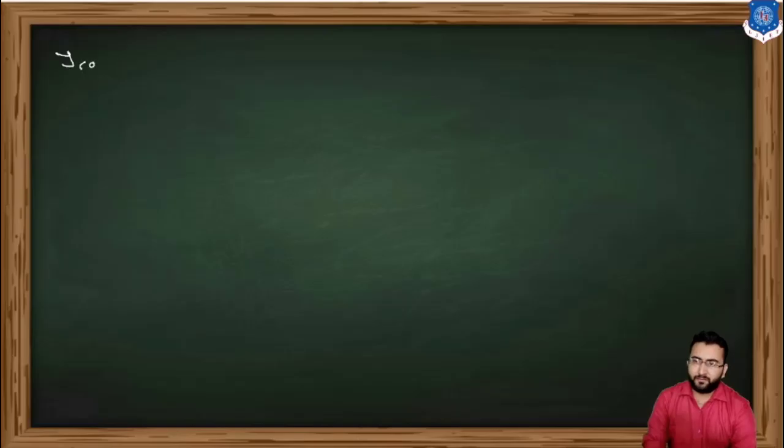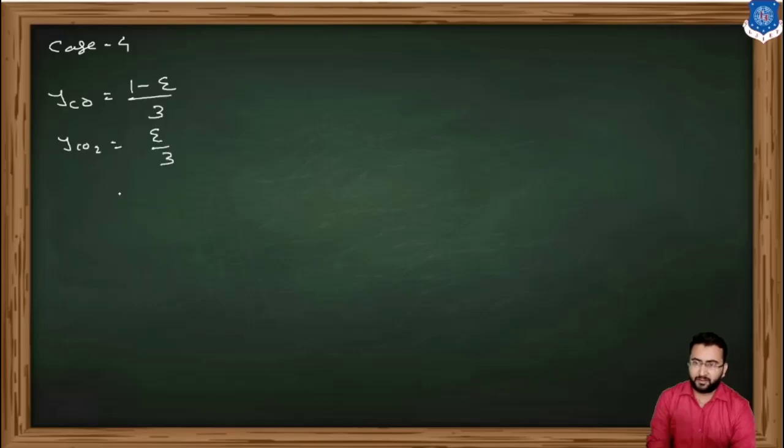So for case 4, y of CO is equal to (1 minus epsilon) divided by 3. Similarly, y of CO2 is epsilon by 3, y of H2O is (2 minus epsilon) by 3, and y of H2 is epsilon by 3.